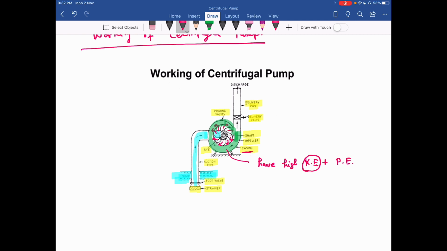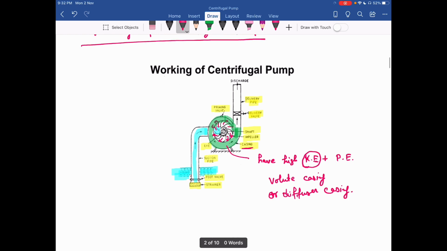So that special type of casing is called volute casing. So this helps further gain in pressure energy of the water or the liquid. Okay. This is how centrifugal pumps work. So after casing, the water goes to the delivery pipe, and we can control the discharge in the delivery pipe with the help of delivery valve.